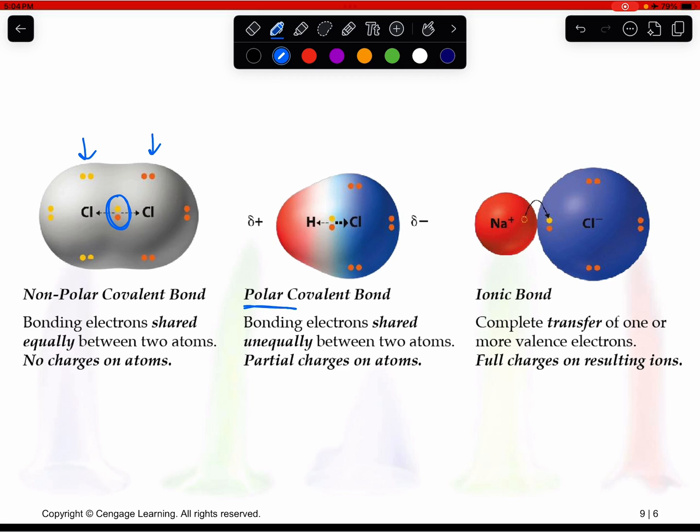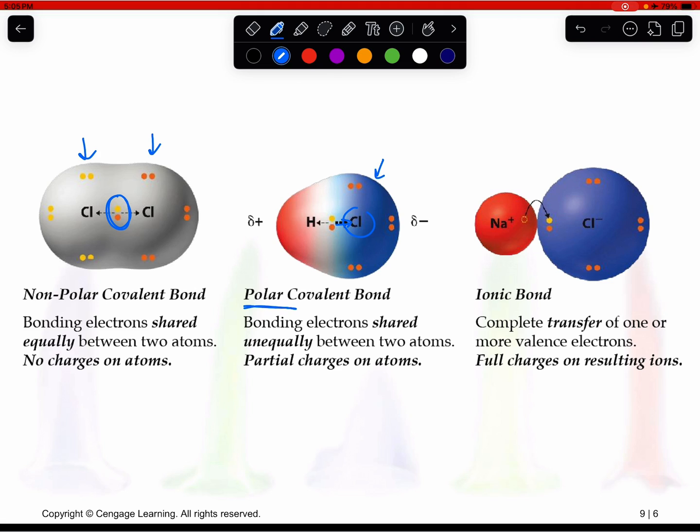Now in the middle, we have polar covalent, and you can see here that the picture doesn't demonstrate it very well, but the picture is colored. The side that is blue, or the right side, and this arrow is demonstrating that the chlorine is hogging the electrons, or pulling them tighter. It's like playing tug of war with a 10th grader and a second grader, right?